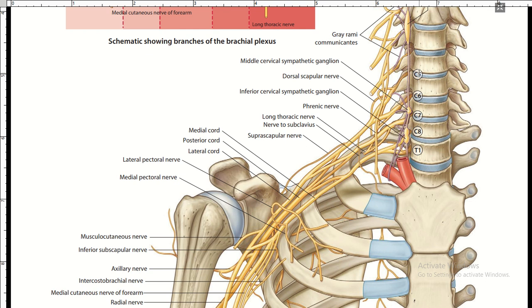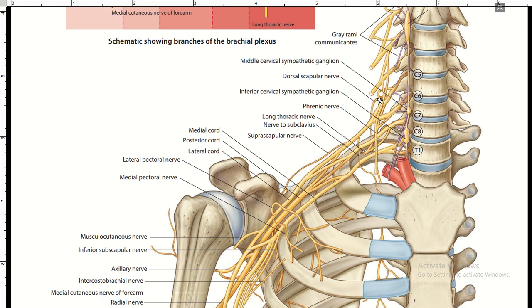So they will be coming from the ventral rami of C5, C6, C7, C8, and T1. Right? So you can actually appreciate the long thoracic nerve right here. You can see it, right? And then you can appreciate the nerve to the subclavius right here. That will be going to your subclavius muscle, right? You can appreciate the dorsal scapular nerve right here.